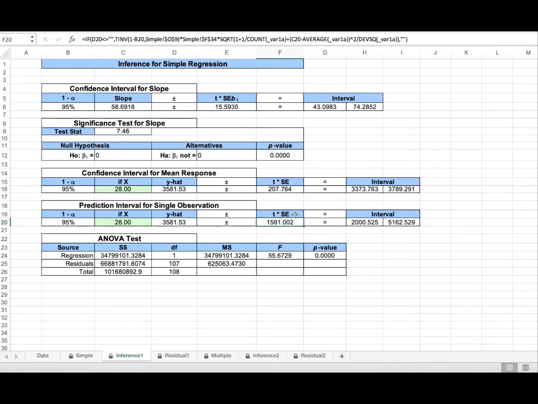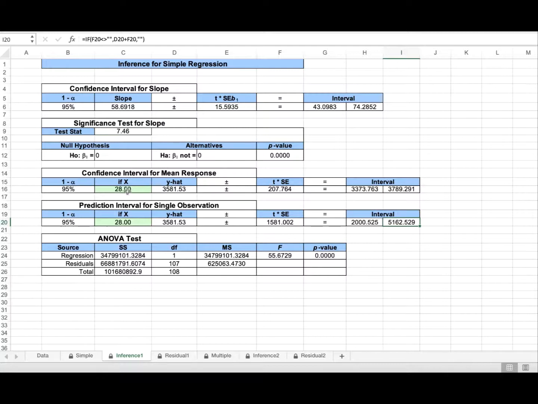However, they have very different margins of error. The prediction interval gives us a range at 95% level of confidence for the spending of one 28-year-old. In other words, we're 95% confident that a particular 28-year-old cardholder spends somewhere in the range $2,000.53 up to about $5,162.53.